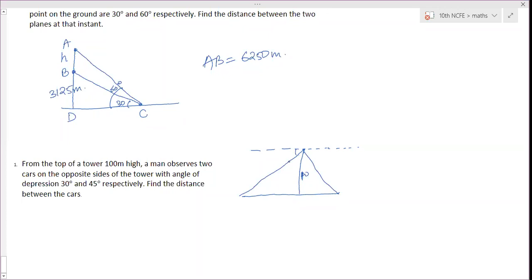This angle is 30 degree and this angle is 45 degree. All the angles of elevation or depression are always with the horizontal line, not with the vertical line. And then you can solve it.